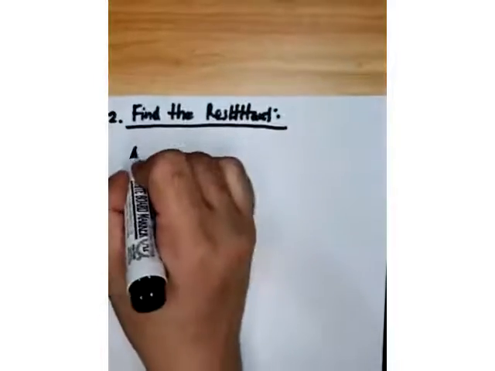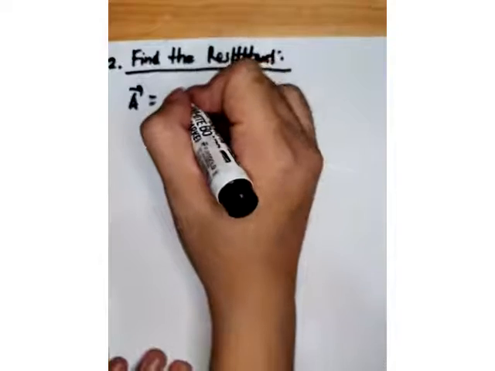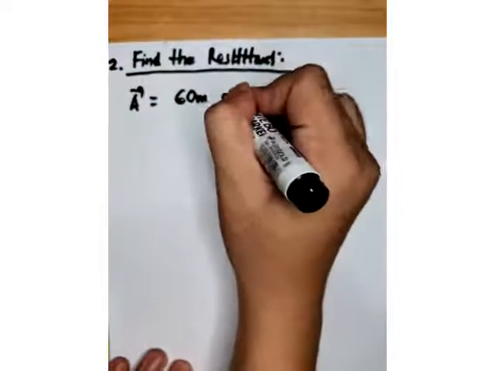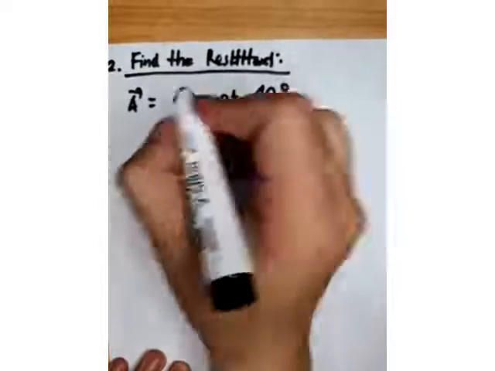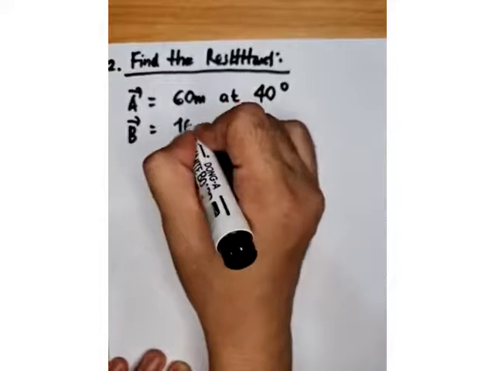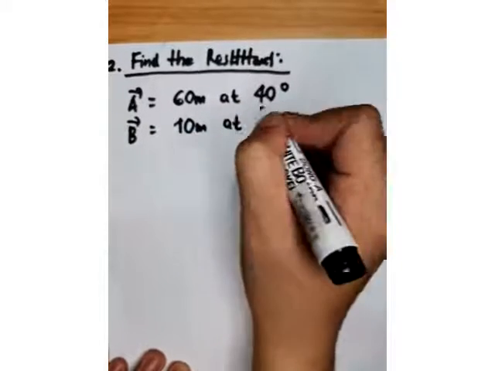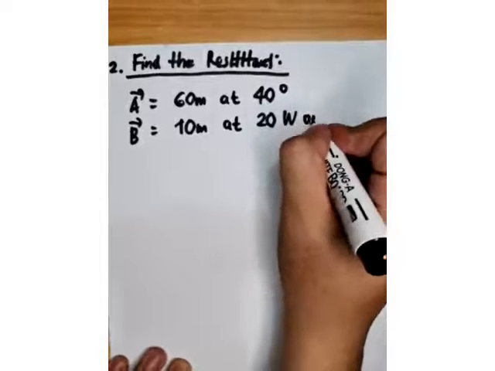Okay, vector A ay 60 meters at 40 degrees. B, 10 meters at 20 west of north.